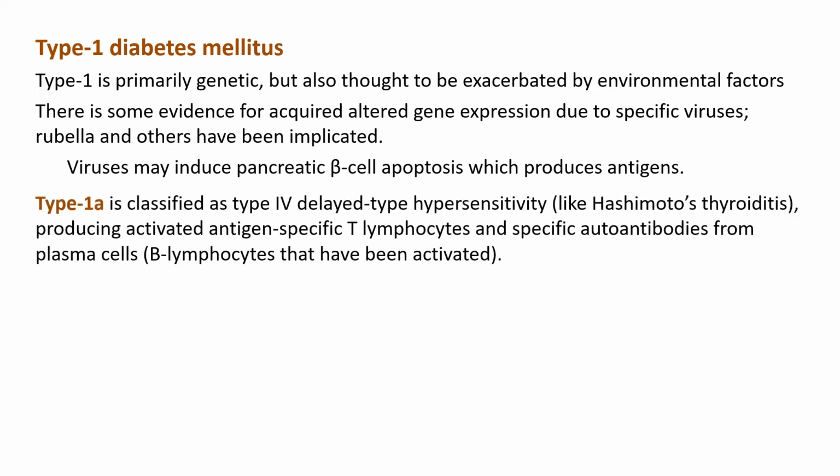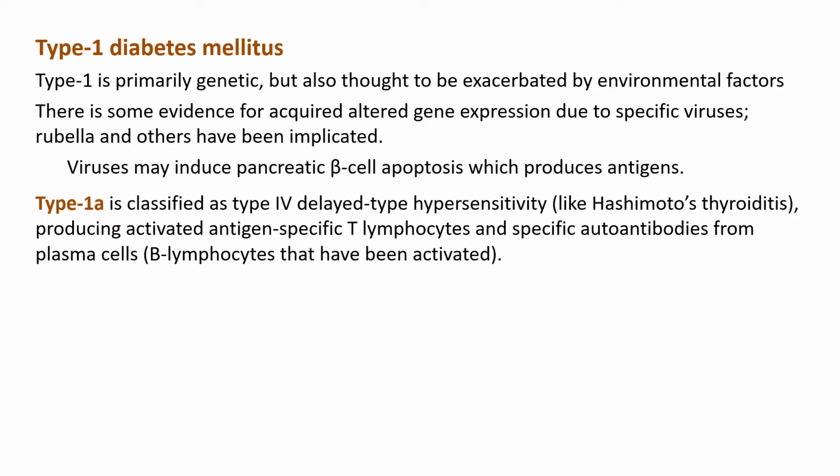So type 1A is classified as a type 4 delayed type hypersensitivity. Now, these typings are part of a classification by a couple of guys called Gell and Coombs.